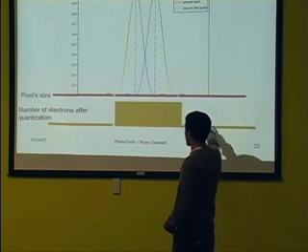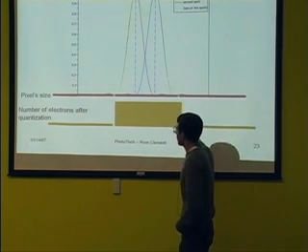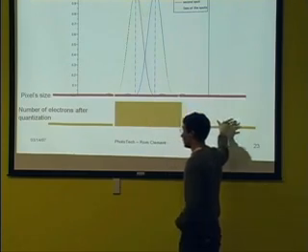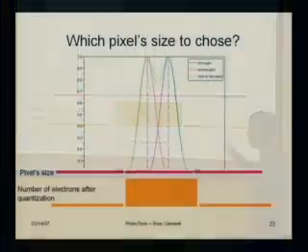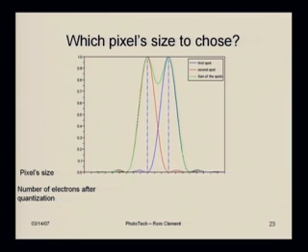If I count my electrons in my CCD or in this pixel, I will have a lot of electrons in the pixel in the middle, but nearly nothing in the remaining two. So when I display the picture on my screen, I will see barely zero and then a peak in the middle. So there's no way I can extract the two peaks or say that there are two peaks.